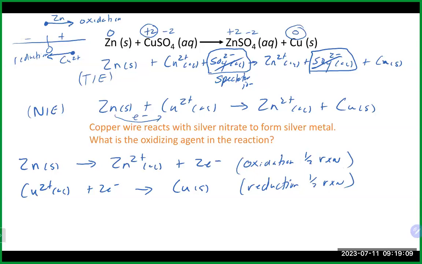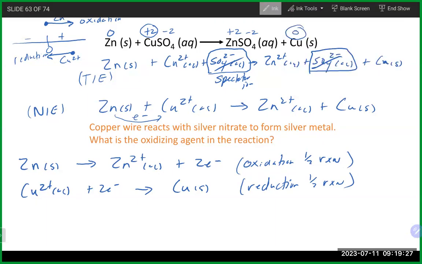Now, when we have something that is being oxidized and something that is being reduced, that is different than another couple of terminology that we sometimes hear in these type of reactions, which is the oxidizing agent and the reducing agent.